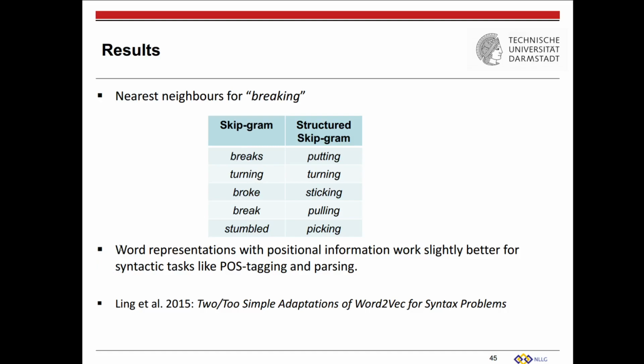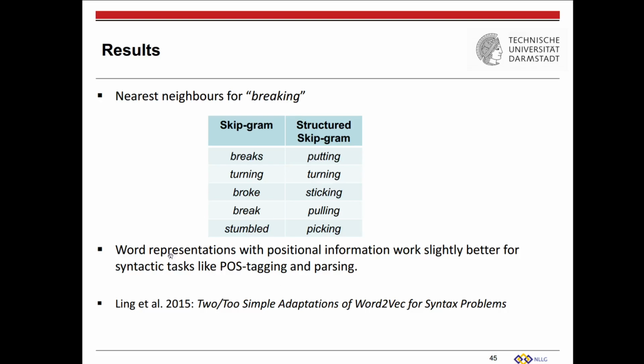Overall, they find that if they do this modification, which is also more costly because we have now 4 times more parameters, we get embeddings that are more grammatical in nature, even though they of course also preserve semantic relatedness. You see that breaking, putting, turning are also semantically related words.